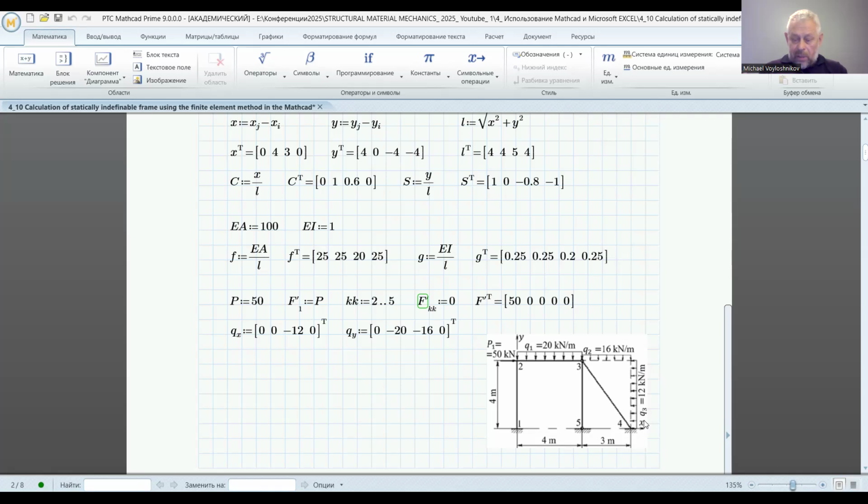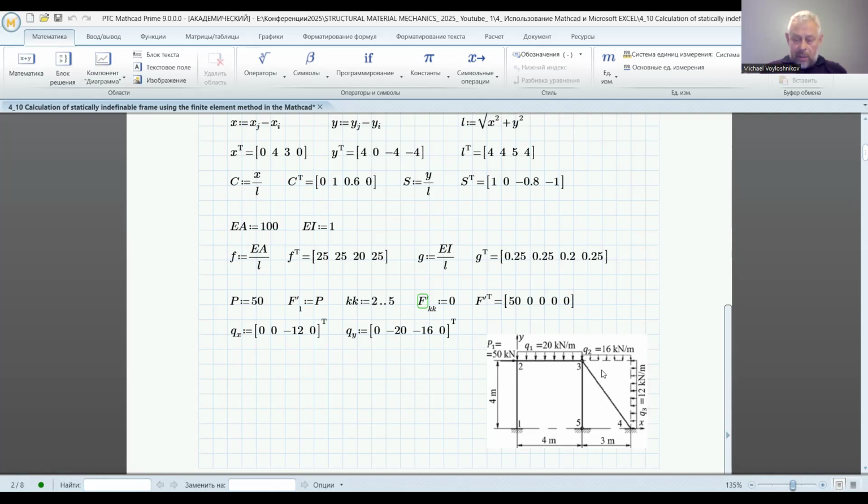So the force is parallel, but of opposite direction to the abscissa axis, and the length of its action is equivalent to the projection of this inclined element of the mechanical system. We have to multiply this distributed load by the vertical projection of the inclined element.